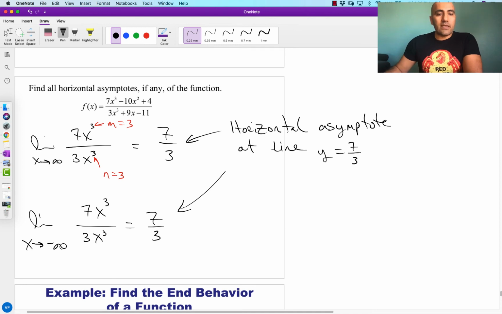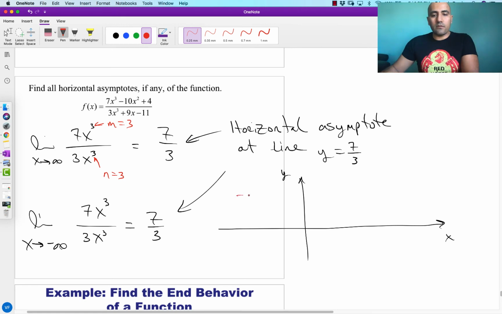So what this is saying is that if I wanted to do a rough sketch of this graph, here's the x-axis, here is the y-axis, there's going to be a horizontal asymptote at 7 divided by 3. So it'll be a line like this, y equals 7/3.